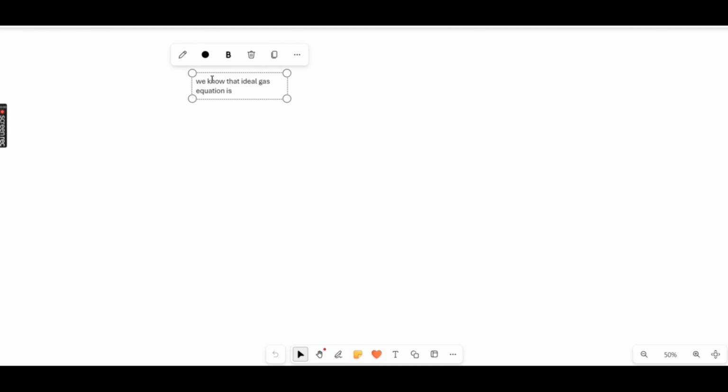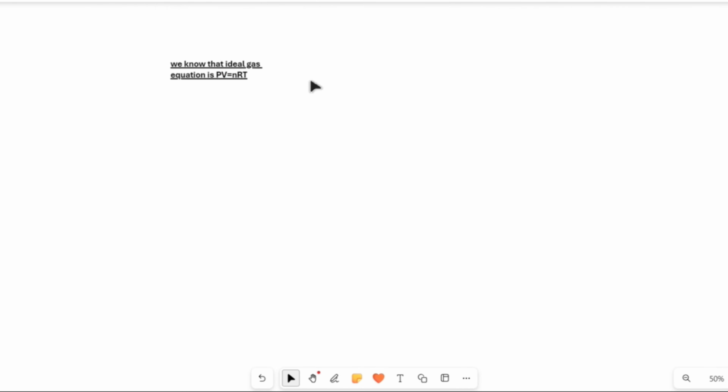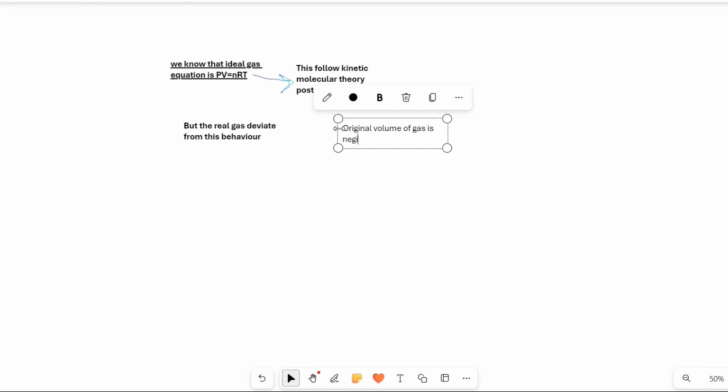We know that PV equals nRT. This follows the kinetic molecular theory postulates, but for real gas it deviates from this behavior. In kinetic molecular theory, the original volume of gas is negligible and there is no force of attraction among gas molecules.